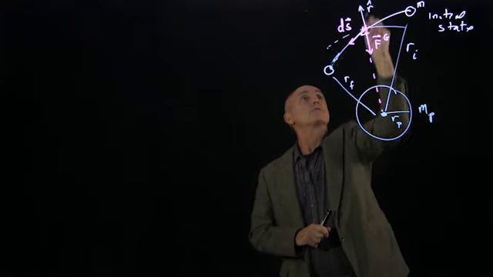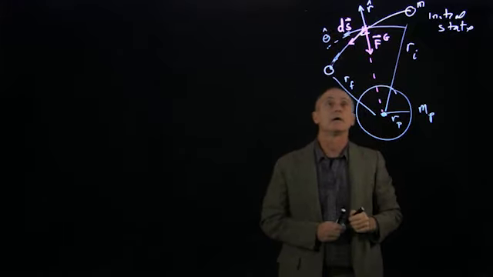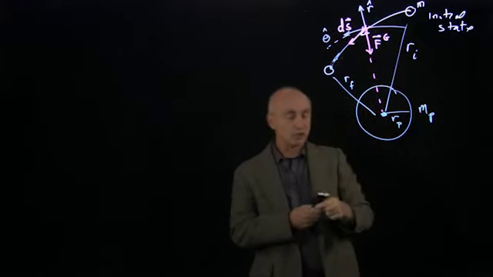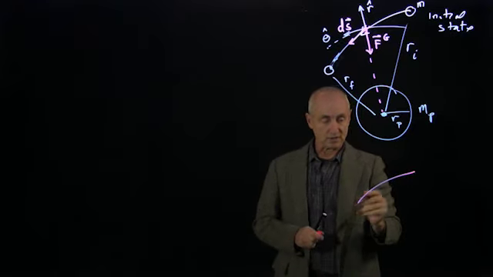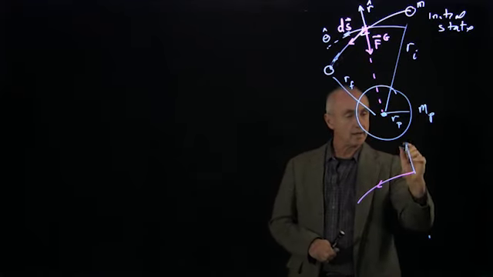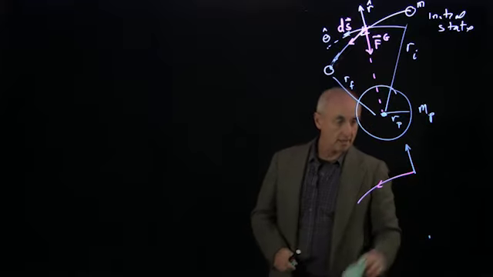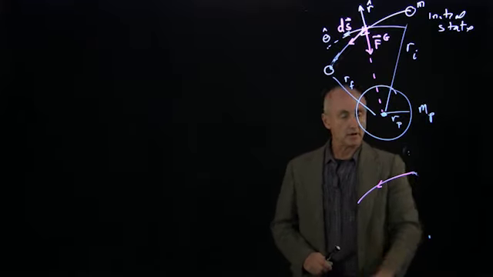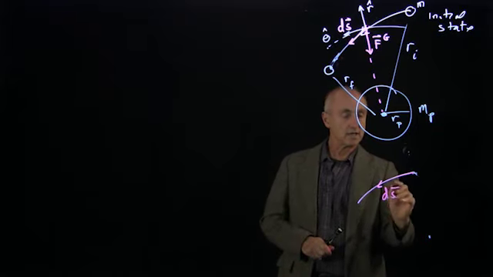Let's call r hat this way and theta hat that way. And let's blow up our little displacement in terms of our coordinate system, just so that we see what's happening. Let's imagine that our little ds vector is pointing like this.